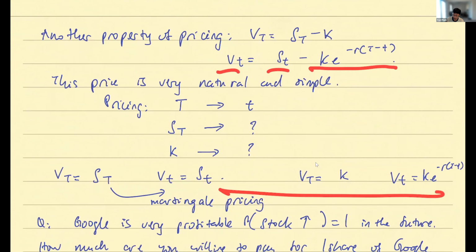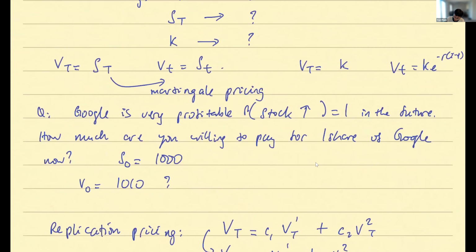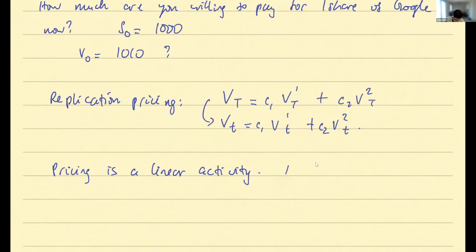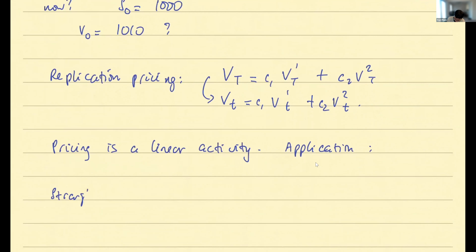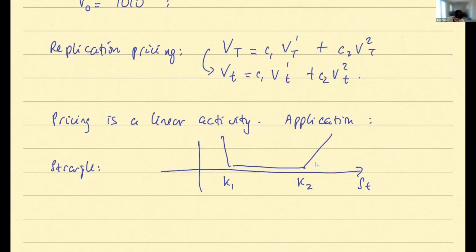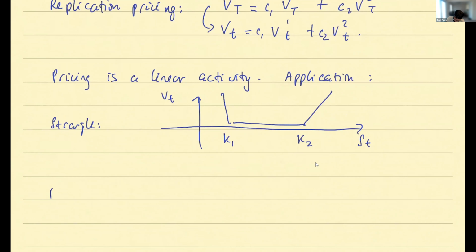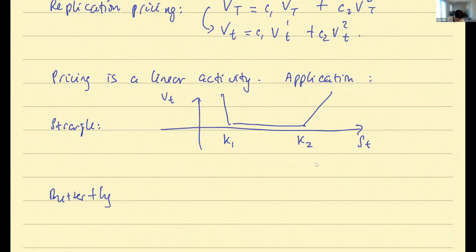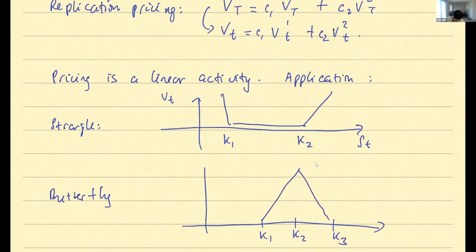Now, you can see this more non-trivially in more unusual financial products like a strangle we talked about last time, or a butterfly.